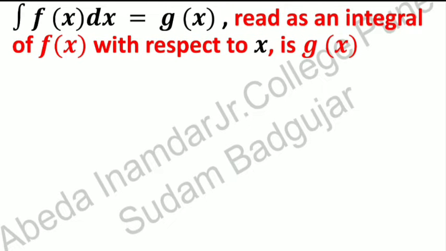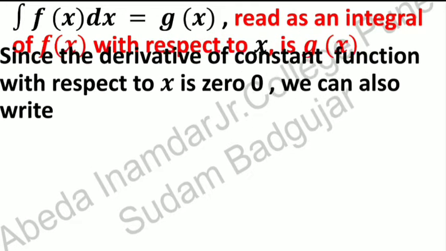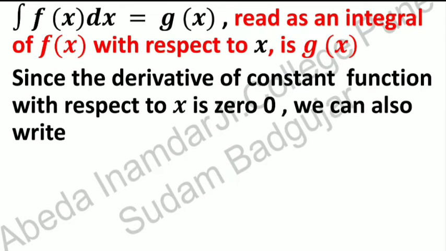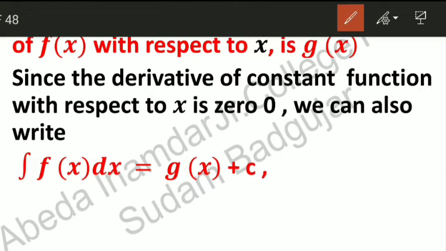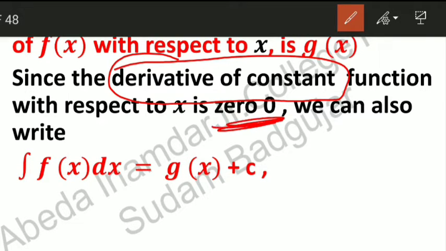Integration of f of x is equal to g of x is read as the integral of f of x with respect to x is g of x. Since the derivative of a constant function with respect to x is 0, we can also write that integration of f of x is equal to g of x plus c. Why? Because the derivative of a constant is 0.